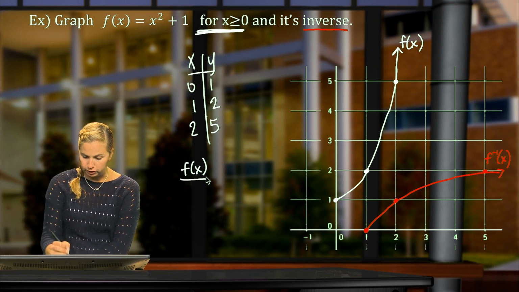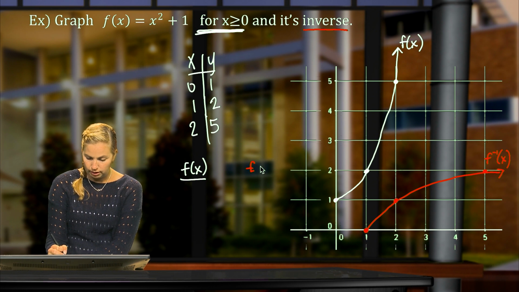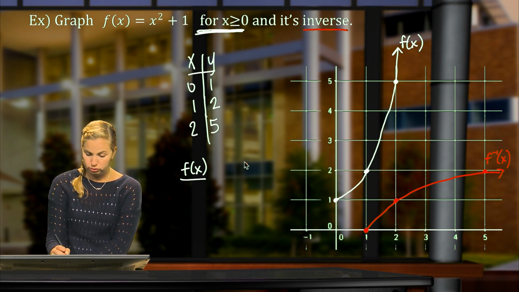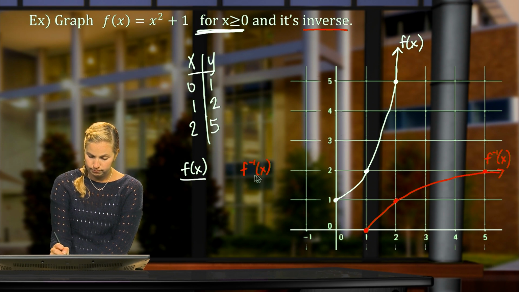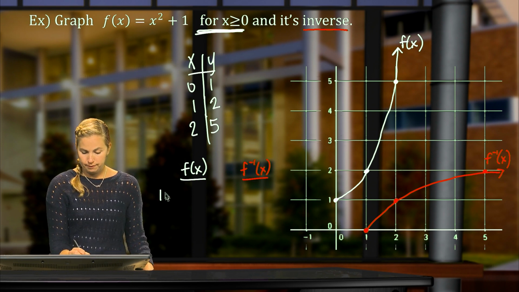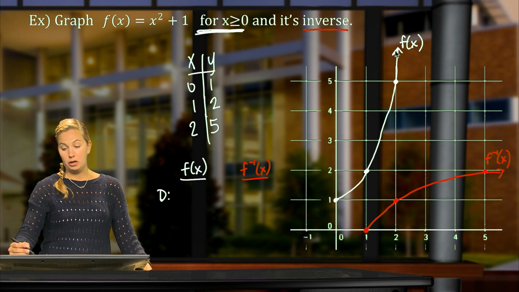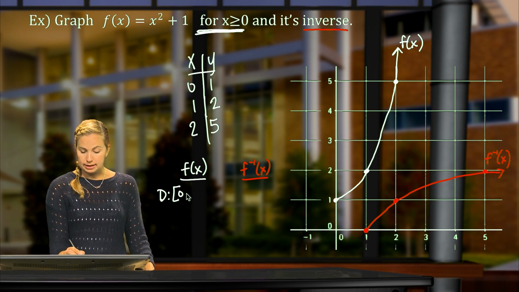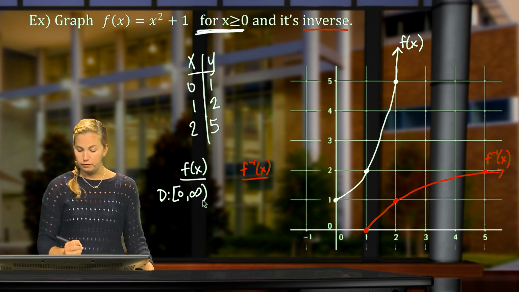Let's talk about the difference between f of x and f inverse in terms of domain and range. Looking at the graph in white, what is the domain of this function? It begins at 0 and goes all the way to infinity.